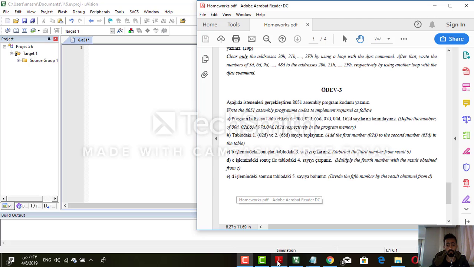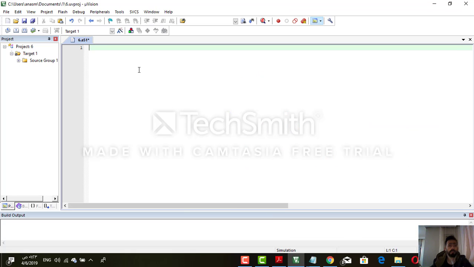So at the first question, they ask us to define these numbers in the program memory. When we see these questions, we have to use a data pointer. Firstly, when we start the program, at 0 hex we jump and start from here.